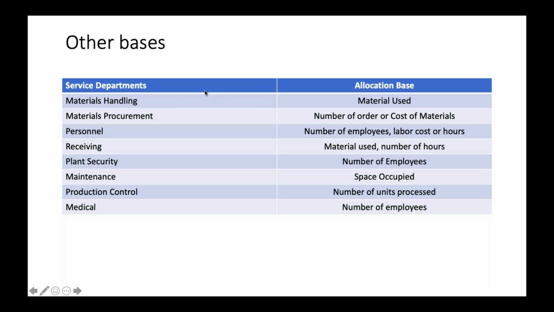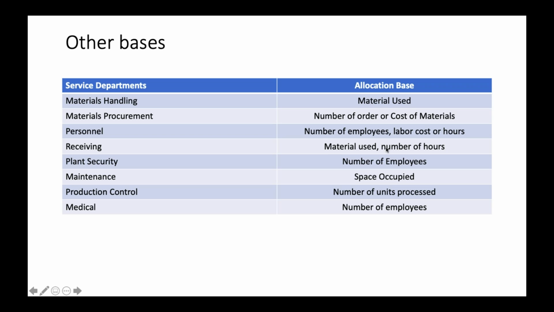Now, for service departments, we can use the following bases also. Like materials handling, we can use materials used. For procurement, number of orders or cost of materials. For personnel, number of employees, labor cost or hours. For receiving department, materials used, number of hours.